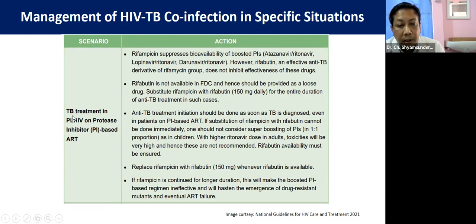Scenario in a TB treatment in CLHIV on protease inhibitor based ART: rifampicin suppresses bioavailability of boosted PIs like lopinavir, ritonavir, which is commonly used. However, rifabutin, an effective anti-TB derivative of the rifamycin group, does not inhibit effectiveness of these drugs.